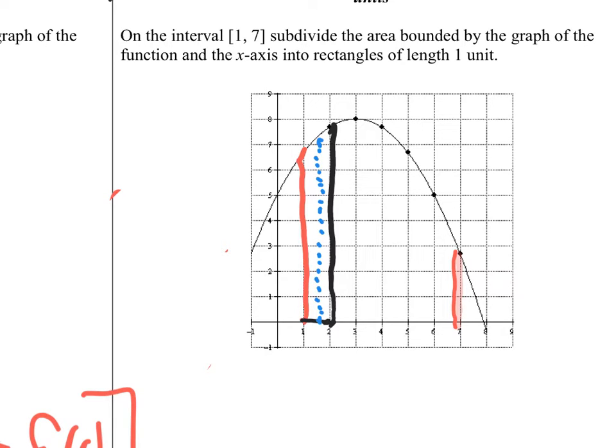And I go up, I touch the function, and I go halfway left and halfway right. There's the height at f of 1.5. So we're going to need that. So then I go and do a width of 1 again. Go all the way up. But I need half of that.